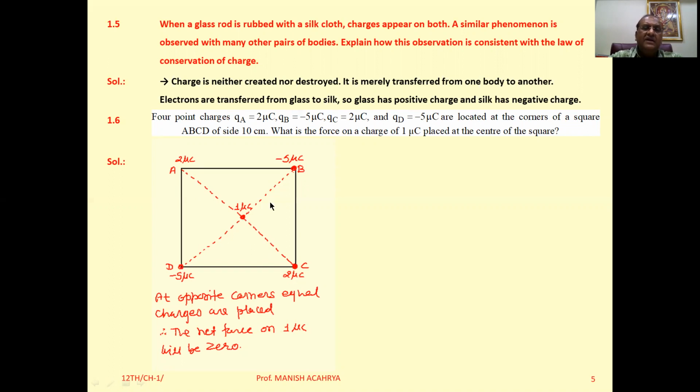Similarly, at B and D also the charges are identical, and the 1 microcoulomb charge is at the center of the line joining B and D, which are diagonally opposite. So again the net force on the 1 microcoulomb charge will be 0. So resultantly we can say the net force on the 1 microcoulomb charge will be 0. Clear to all of you?